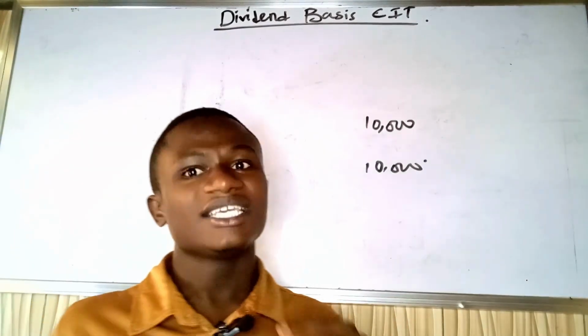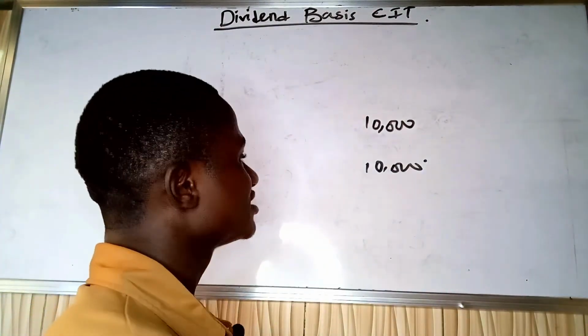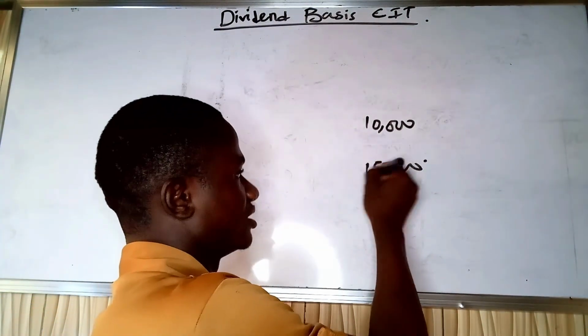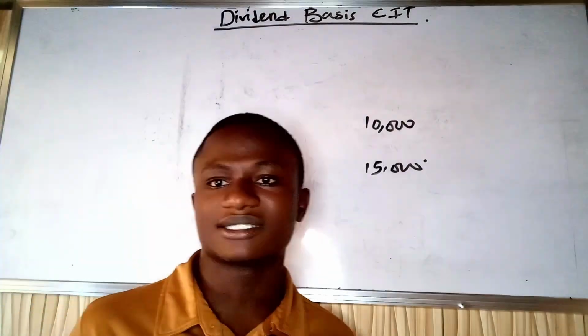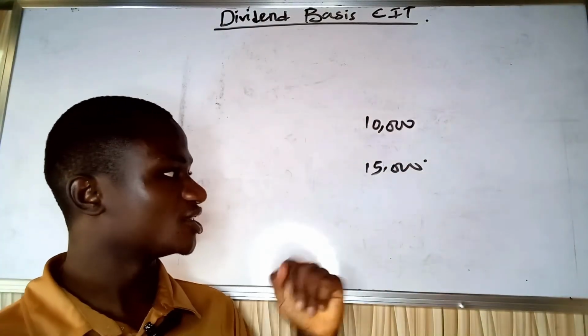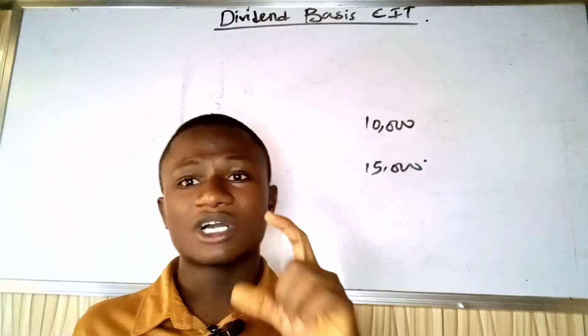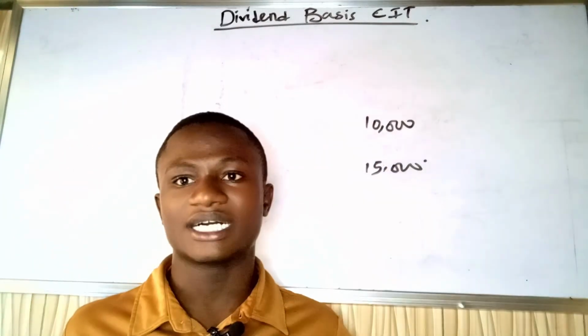But if, for example, they are paying 15,000 naira dividend, the question is, which one will you tax? Is it the 10,000 naira or the 15,000 naira? You are going to tax 10,000 naira. And why?